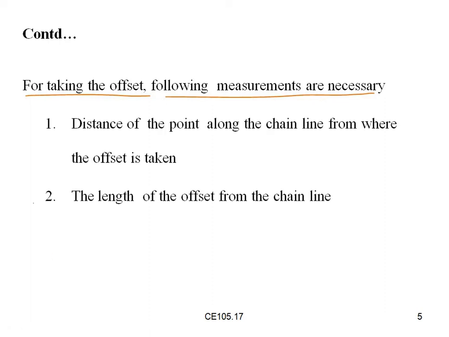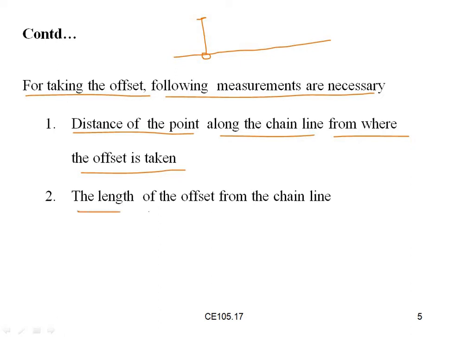The first one is the distance of the point along the chain line from where the offset is taken. So this is the chain line, and the offset is kept here; from here we take the distance of the point. This is known as the offset.